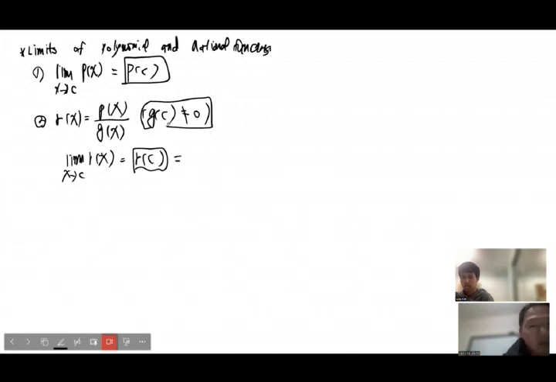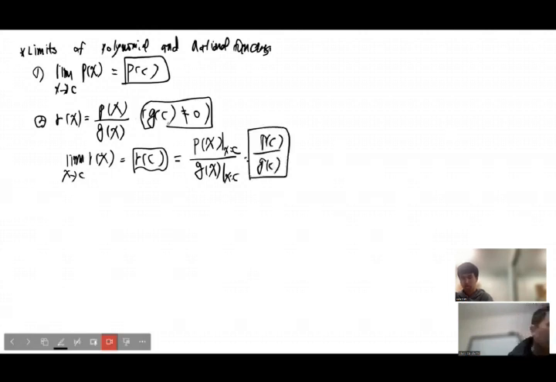Now r(x) is p(x) over g(x), so if fully expressed, x should be replaced with c, and the same thing for the denominator, x should be replaced with c. So that should be f(c) over g(c). That is the general solution for rational functions.